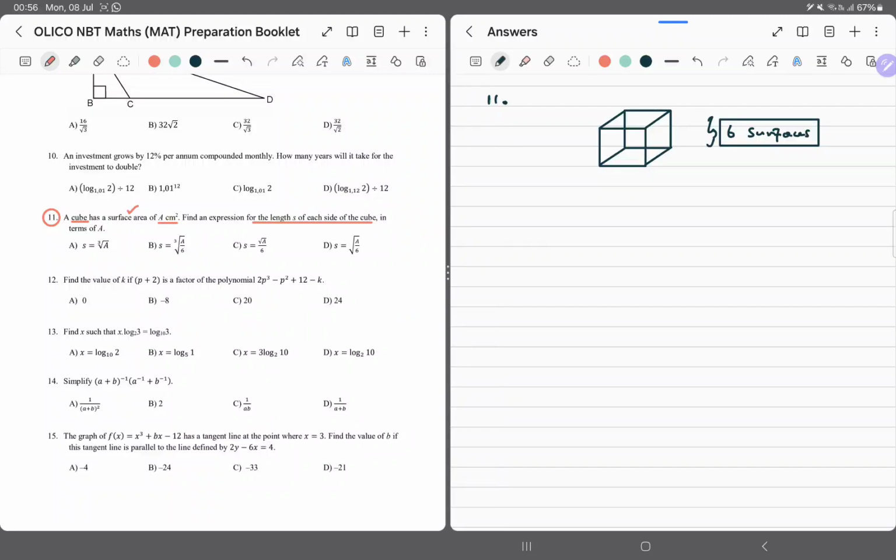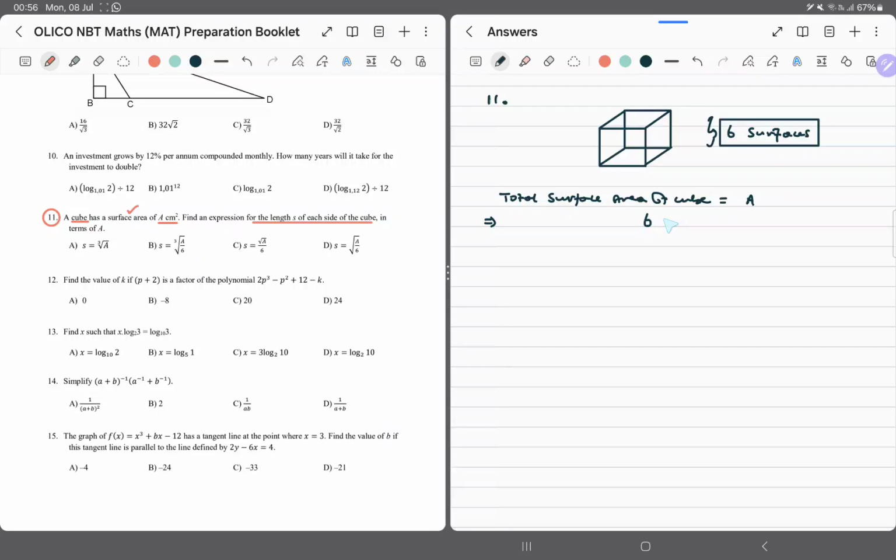Now let's see. We know that the total surface area is equal to A. Now this implies, we know that there's 6 faces, so we're going to have 6s squared.